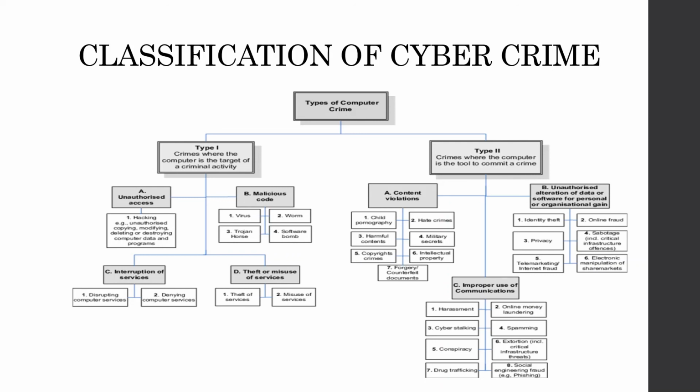Under that come child pornography, hate crimes, military secrets, harmful content, copyright crimes, forgery, identity theft, online fraud, cyber stalking, conspiracy, drug trafficking. For doing all these crimes you are using a computer. That comes under type 2. So these are the classifications of cyber crimes. This chart will help you.